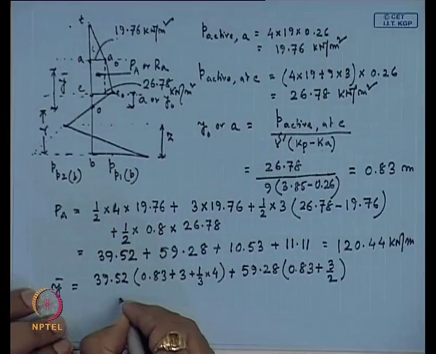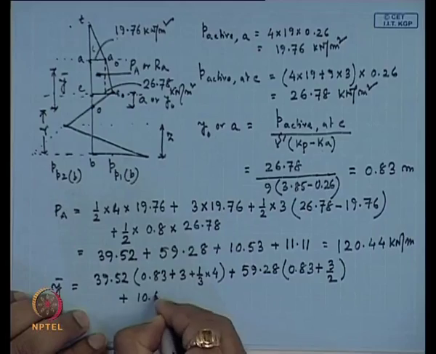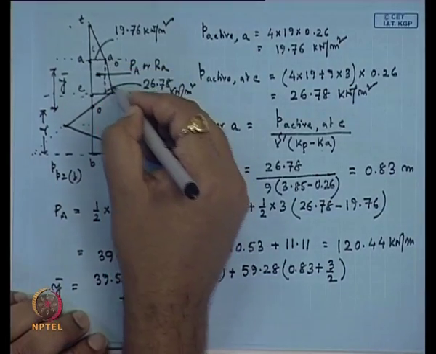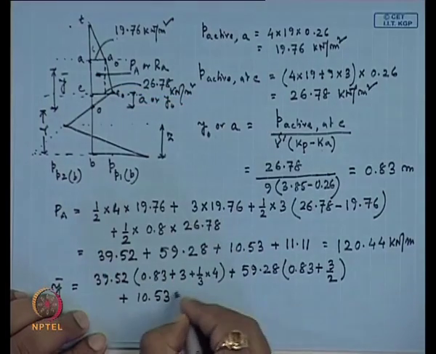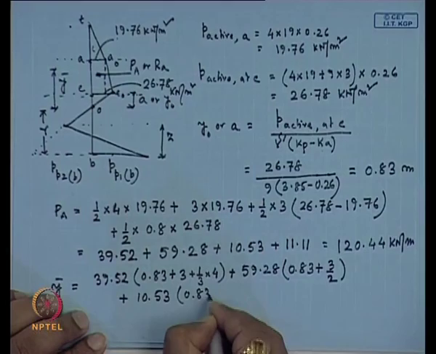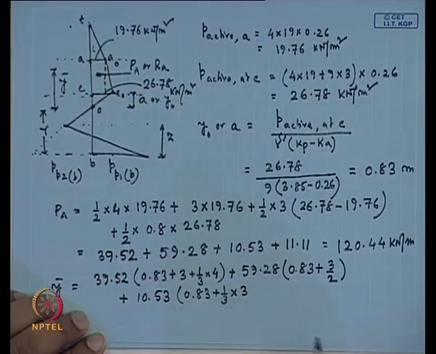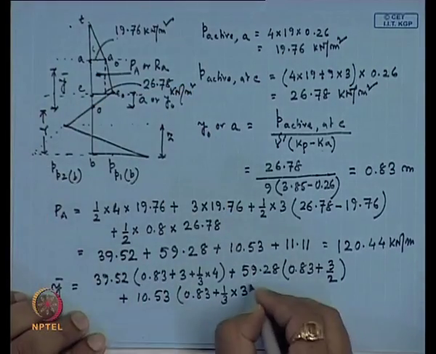Next one is this 10.53, which is the force due to this triangular area only. So, that will also act 1/3 from the base of this triangle. So, that is 0.83 plus 1/3 of 3 meter, because the height of this triangle is 3 meter.